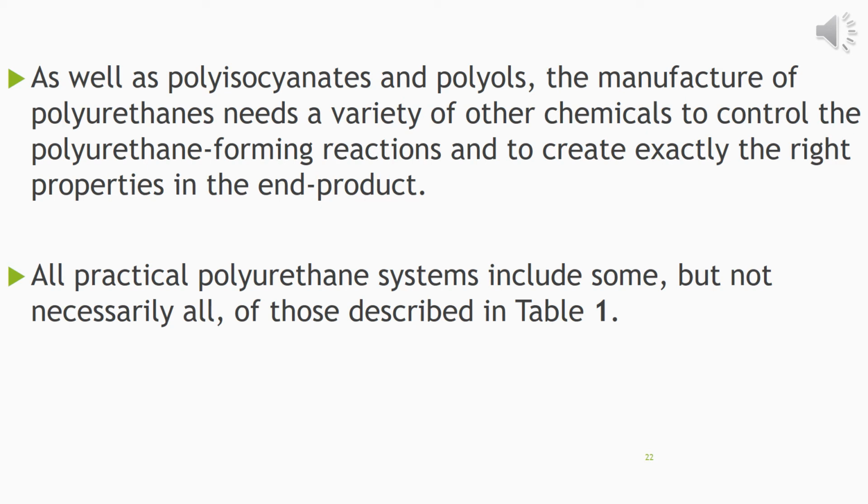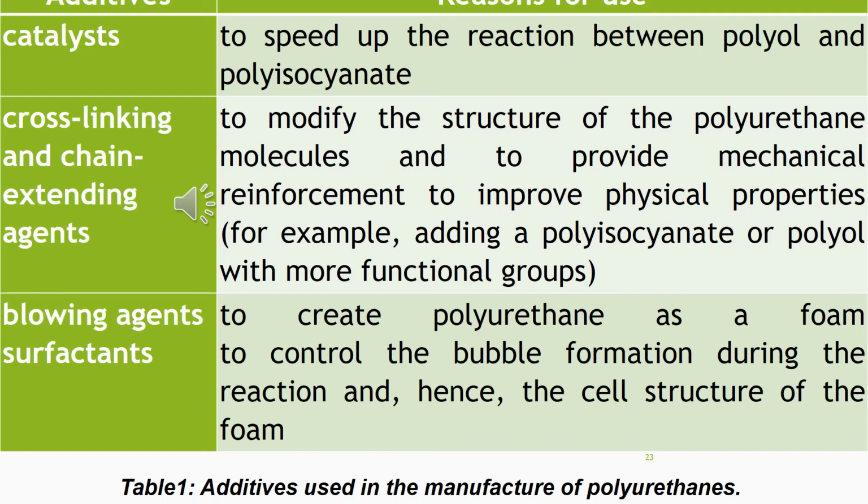So all these practical polyurethane systems include some, but not necessarily all, of these, which are described in table 1 on the next slide. The additives used are catalysts to speed up the reaction between polyol and polyisocyanate.